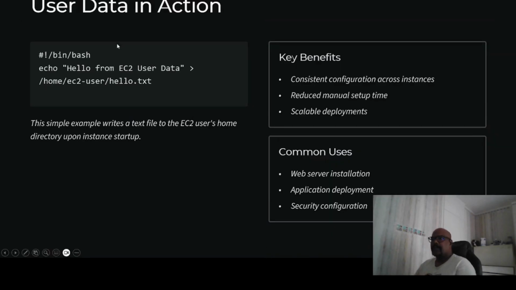Okay. So for example, the user data will be in a bash script. Echo hello from EC2 user data, it will be redirected to /home/ec2-user/hello.txt. So what does it mean? It will open the hello.txt file in the ec2-user folder with the content hello from EC2 user data.